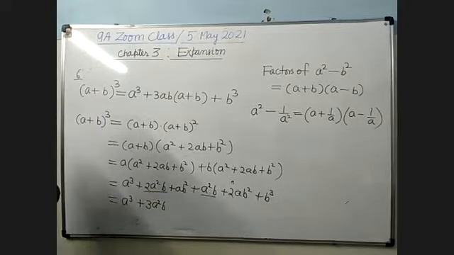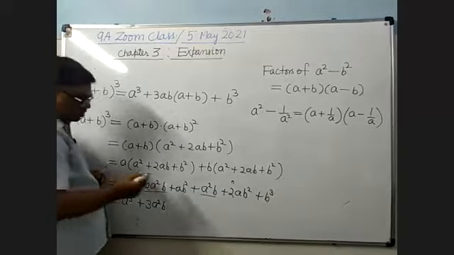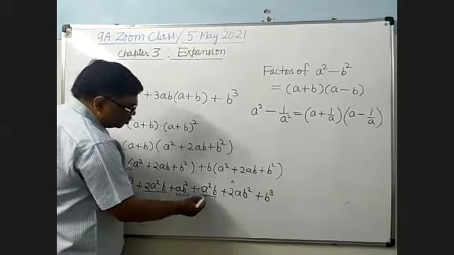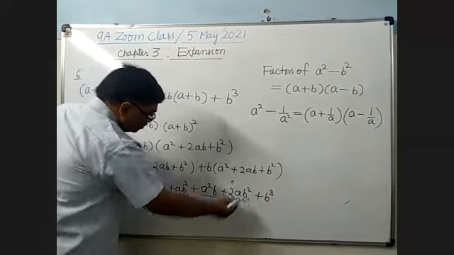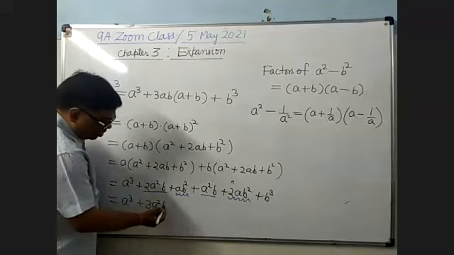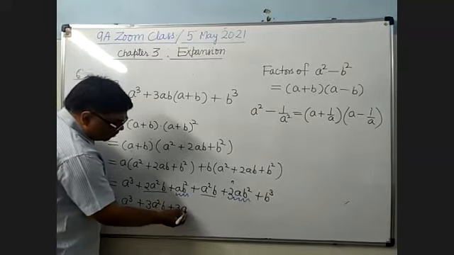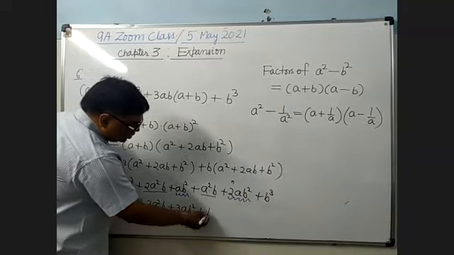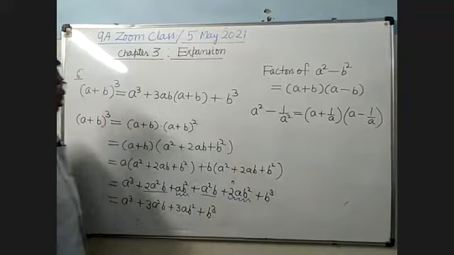Then you can see this and this is also like term. ab square and 2ab square, these are also like terms. So it will be 3ab square plus b cube. It's clear?